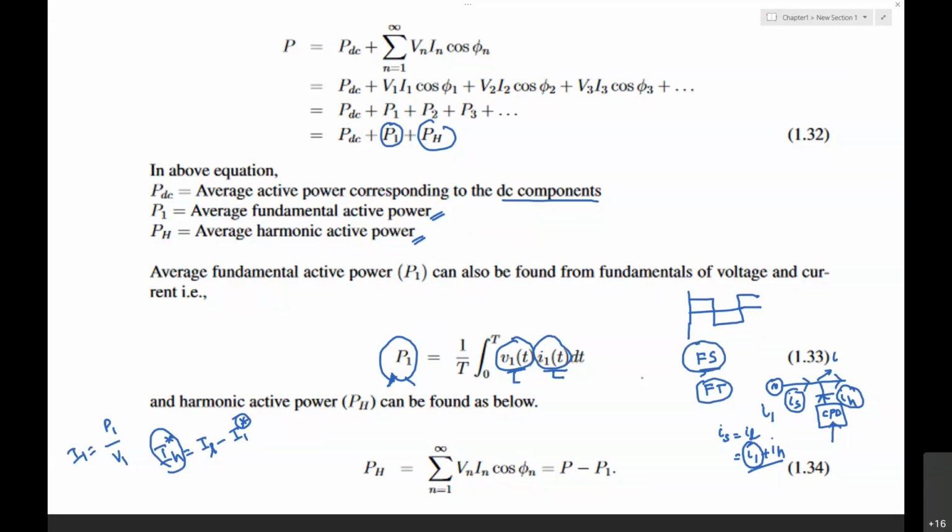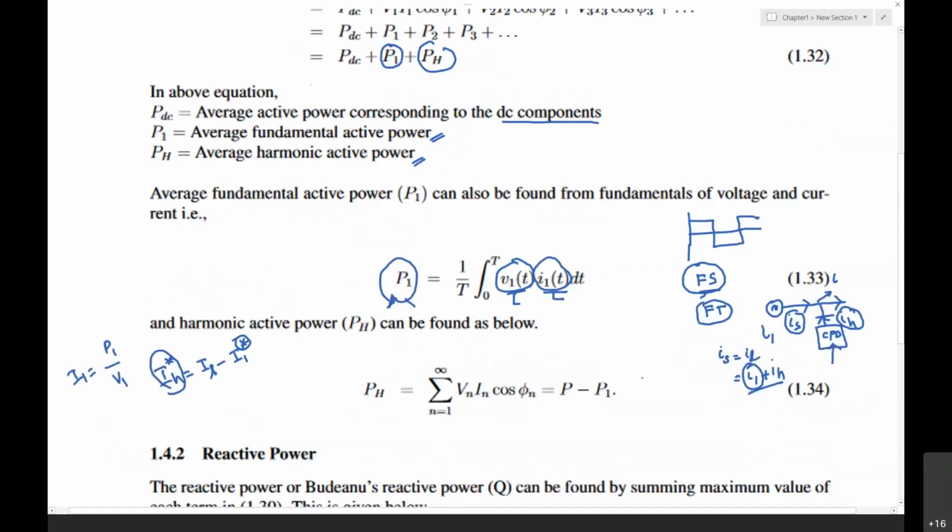Next is the harmonic power, which we can easily find. Once we find P1, if we know P, we can find the harmonic power also. P we can find as 1 by T, integral from 0 to T, of v(t) i(t).